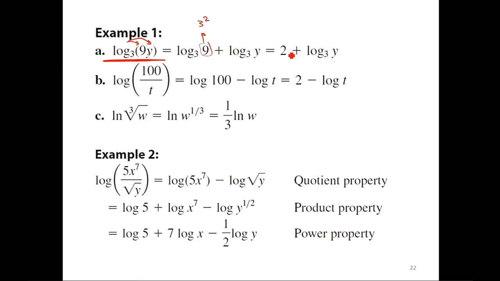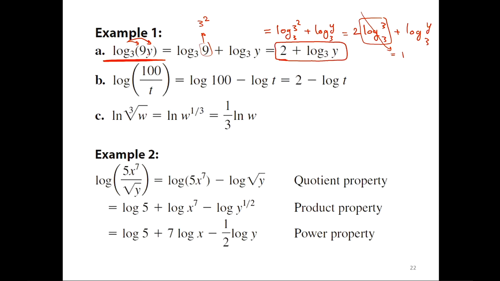So we have log of 3 squared to base 3 plus log of y to base 3. We can remove the 3 with the 3, or put the 2 outside the logarithm. So we have 2 times log of 3 to base 3 plus log of y to base 3. This one equals 1. So we have 2 multiplied by 1, plus log of y to base 3, like this.